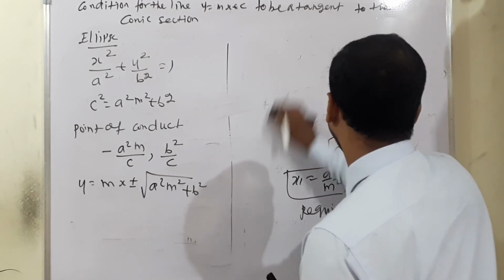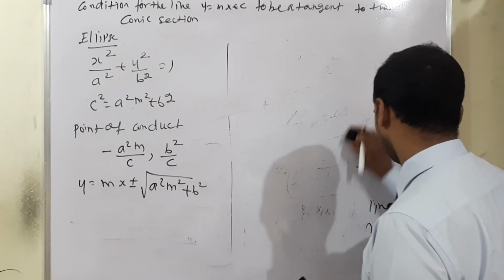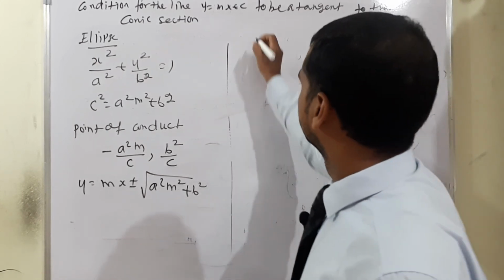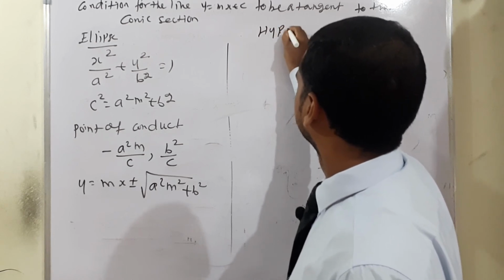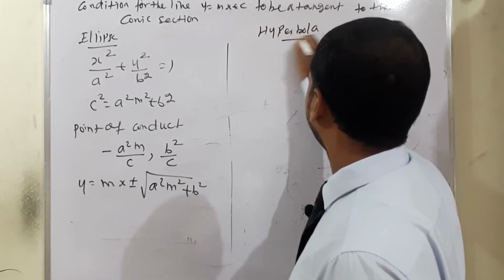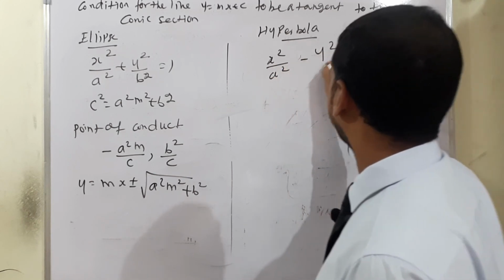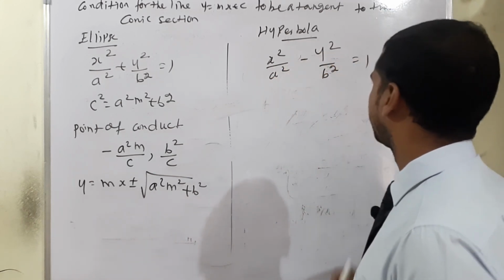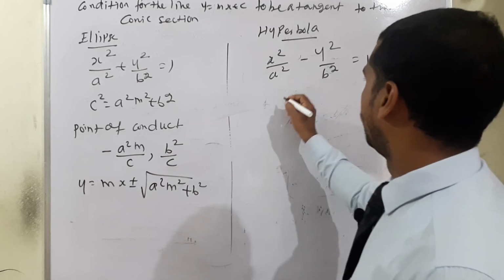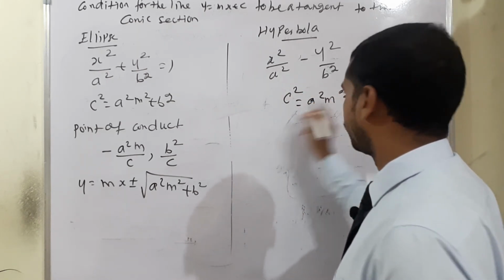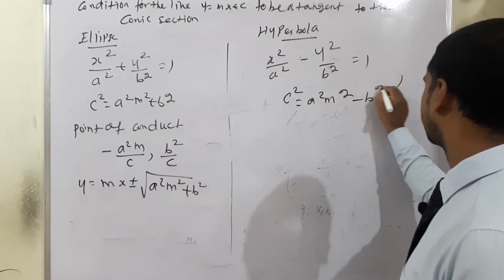As well as the hyperbola. The hyperbola has the form x square by a square minus y square by b square, which is the general form. Here c square is equal to a square m square, and instead of plus we write minus b square.